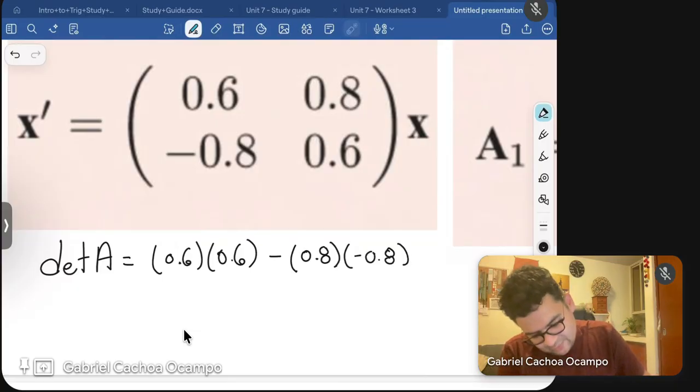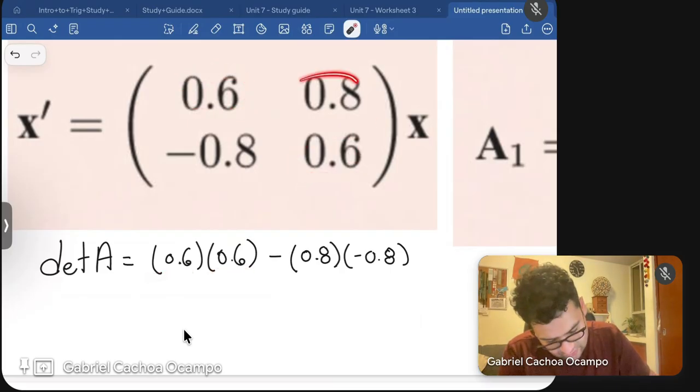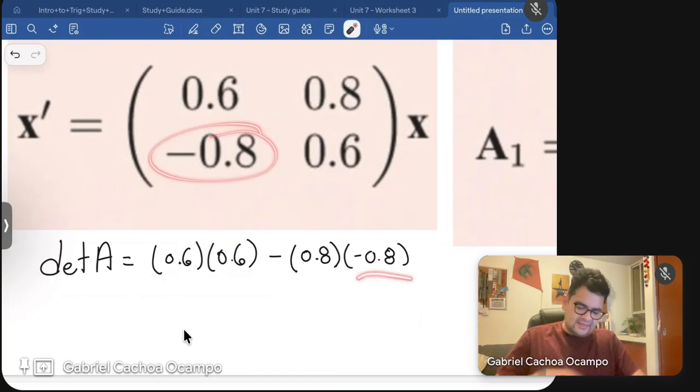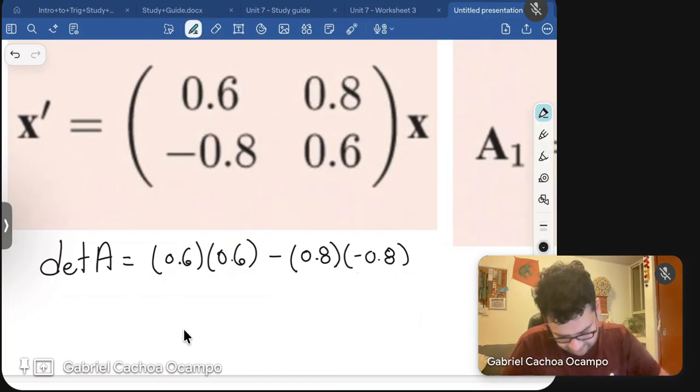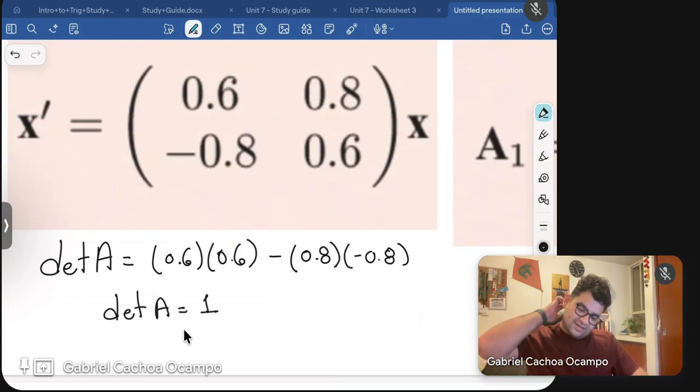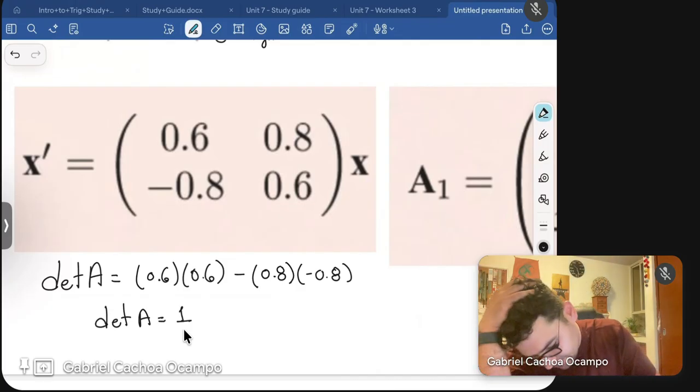This number is clearly positive, and actually, if you do it, this is 1. You can check it with the calculator. This is 1. So I know that this matrix is a rotation.